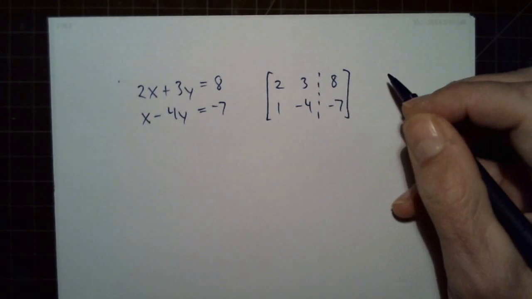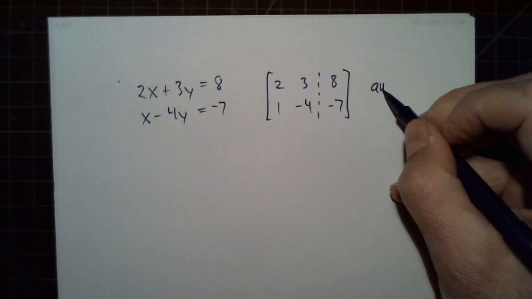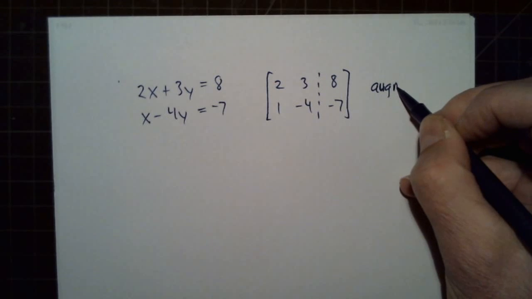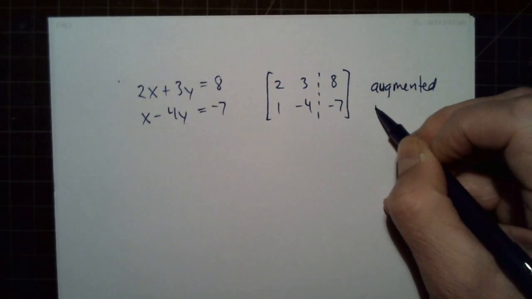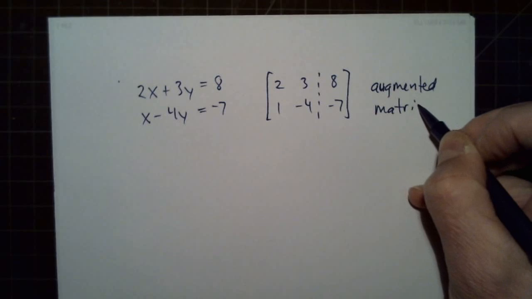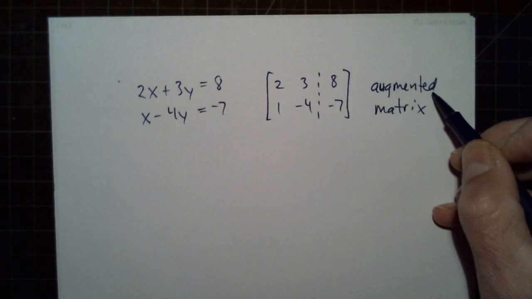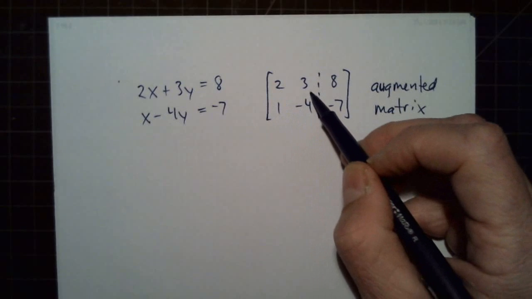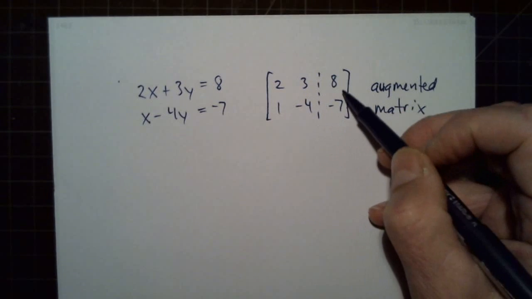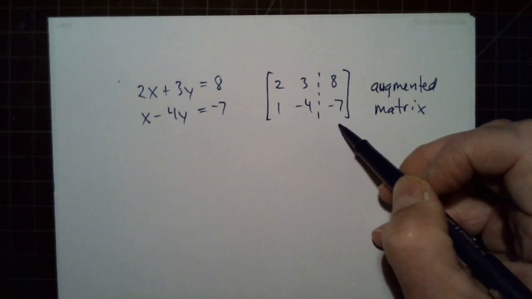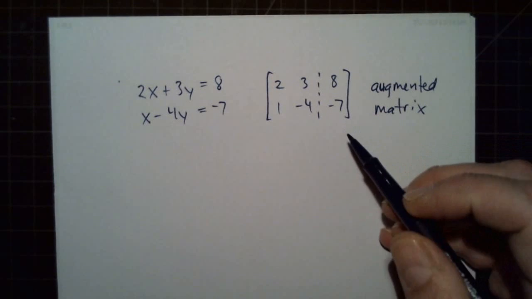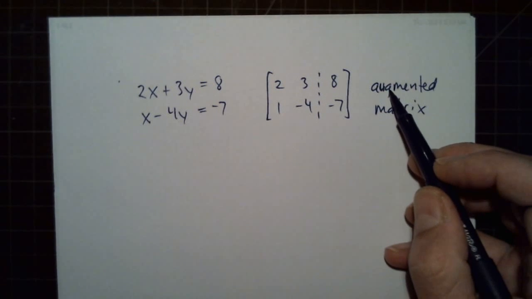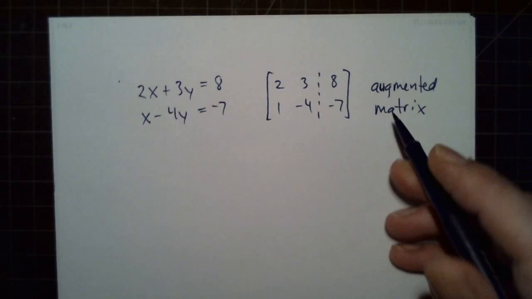And this is an augmented matrix. Augmented just means changed. So here we have the coefficient matrix combined with the solution matrix, and we write it as a changed matrix, an augmented matrix.